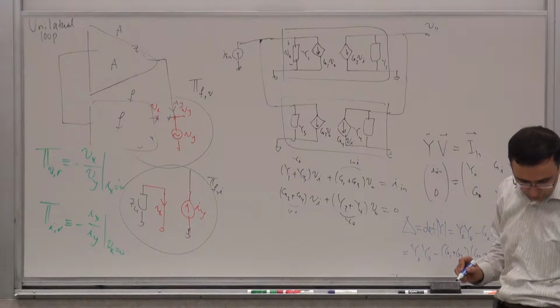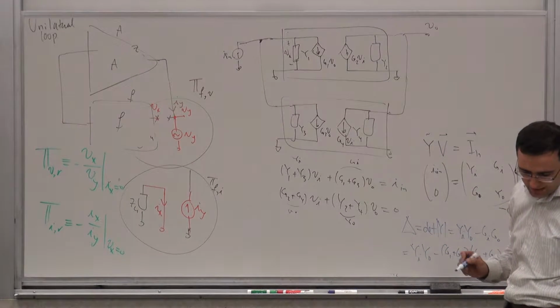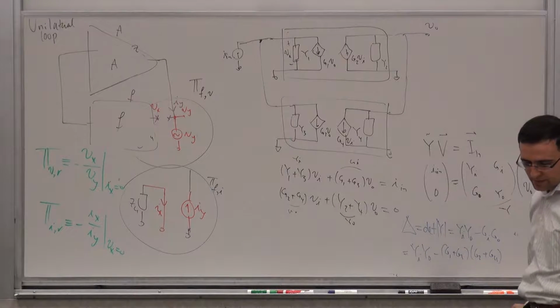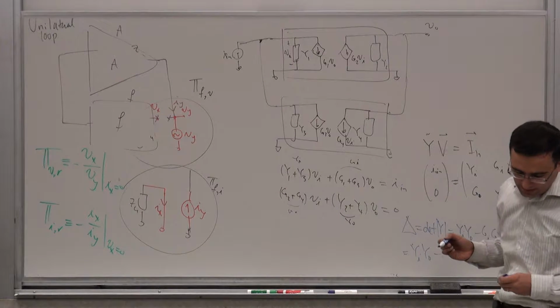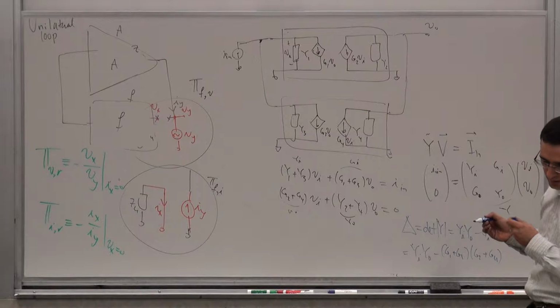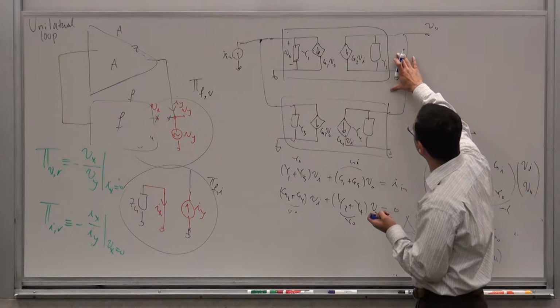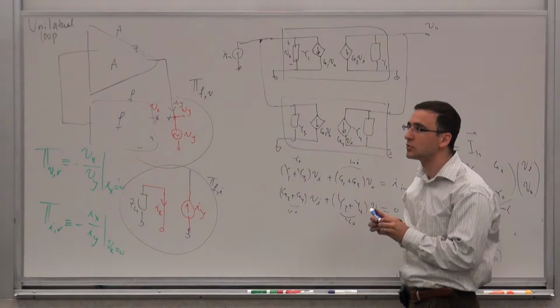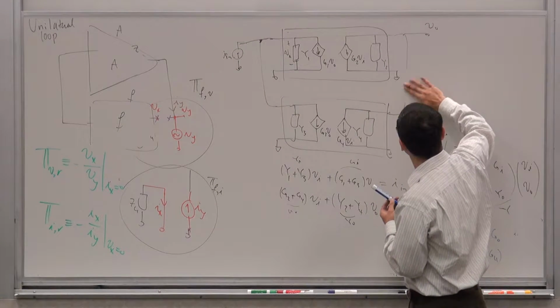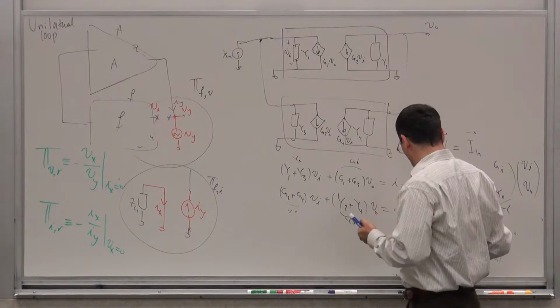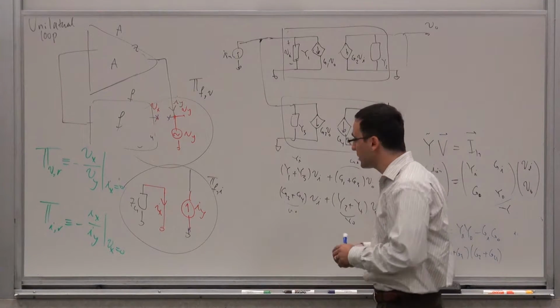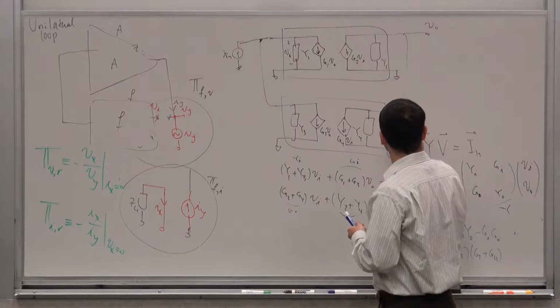Okay? So that's what it is. Now, one thing that I want is that now I want to determine the forward loop gain. Current and voltage loop gain in this case. So I need to break this loop and do it two different ways. Calculate the forward current and voltage loop gains.